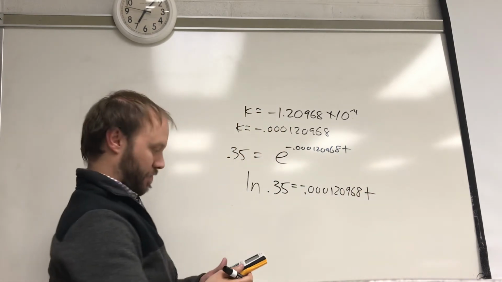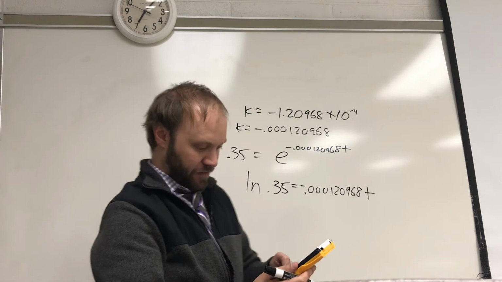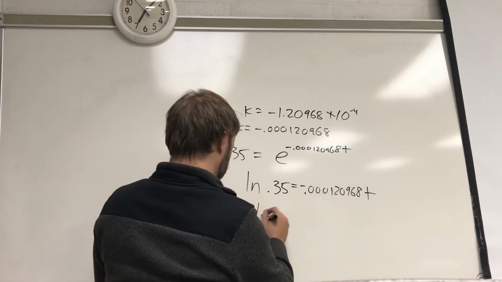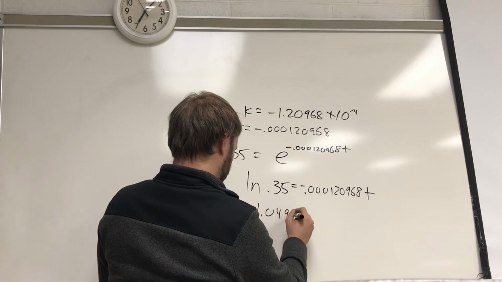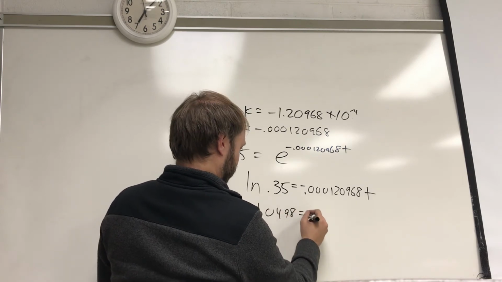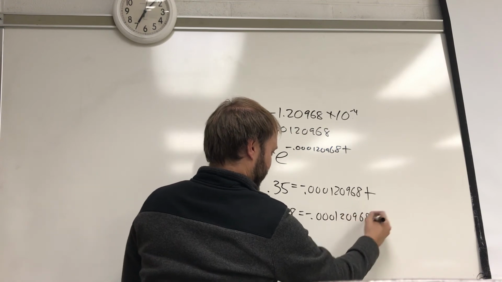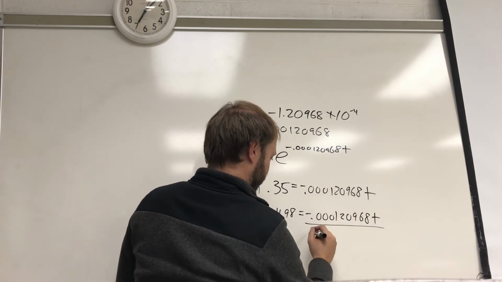And anyway, ln of 0.35 is approximately negative 1.0498, and that's equal to negative 0.00120968t. I'm going to divide both sides by this decimal.